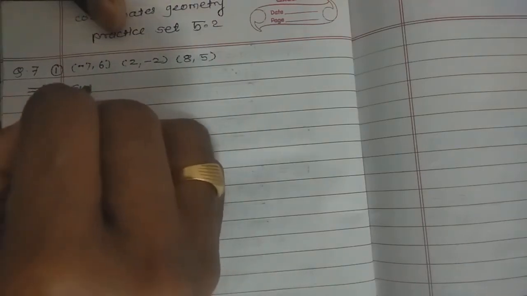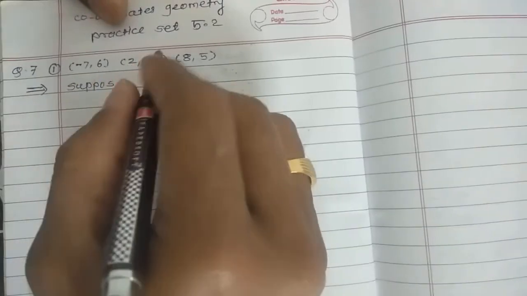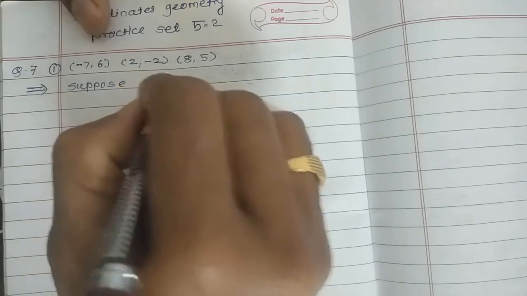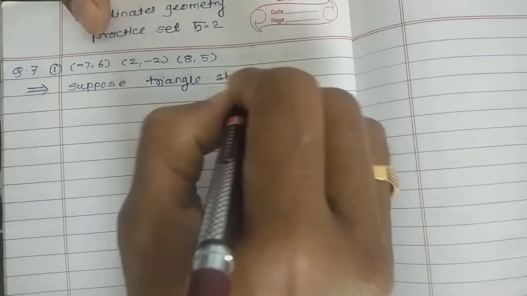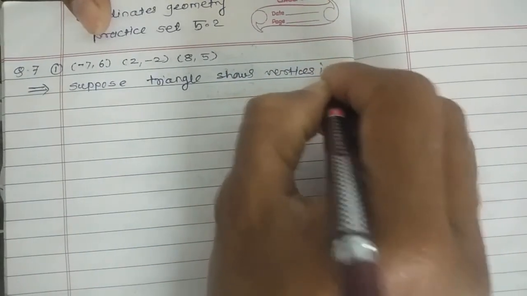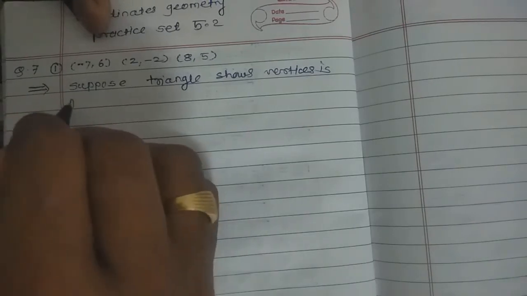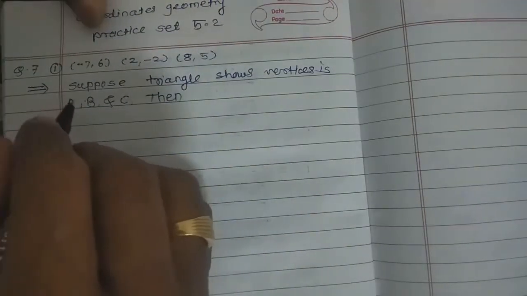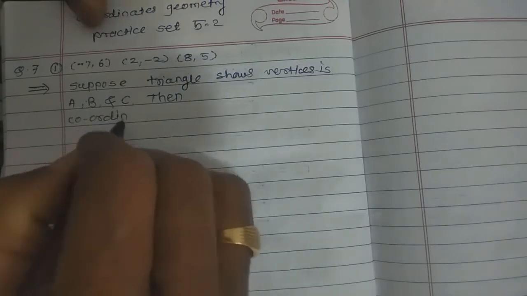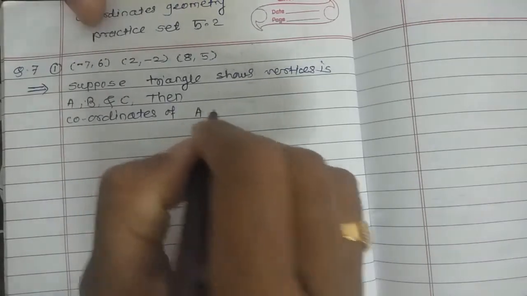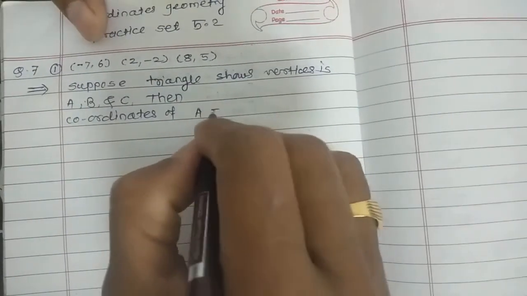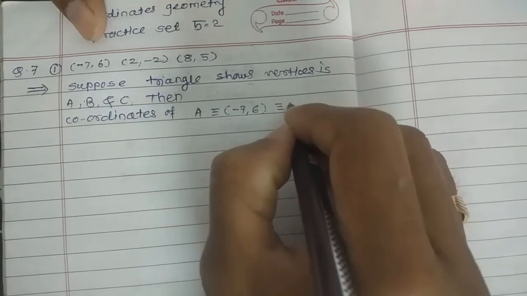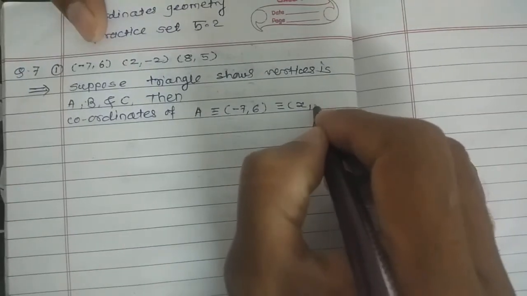Suppose the triangle has vertices A, B and C. Then the coordinates of A are -7, 6, let them be x1, y1.